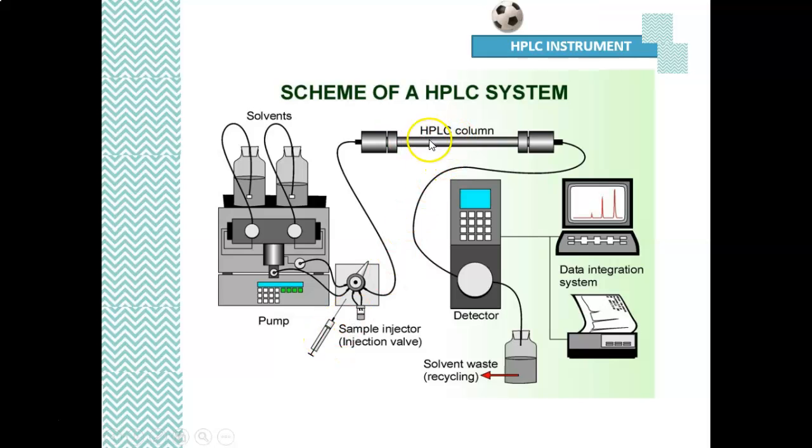This one is the column and the detector, and all the solvent waste is collected in this solvent waste tank. The chromatogram will show on the computer or data integration system, and you can print the result based on the peaks you got.